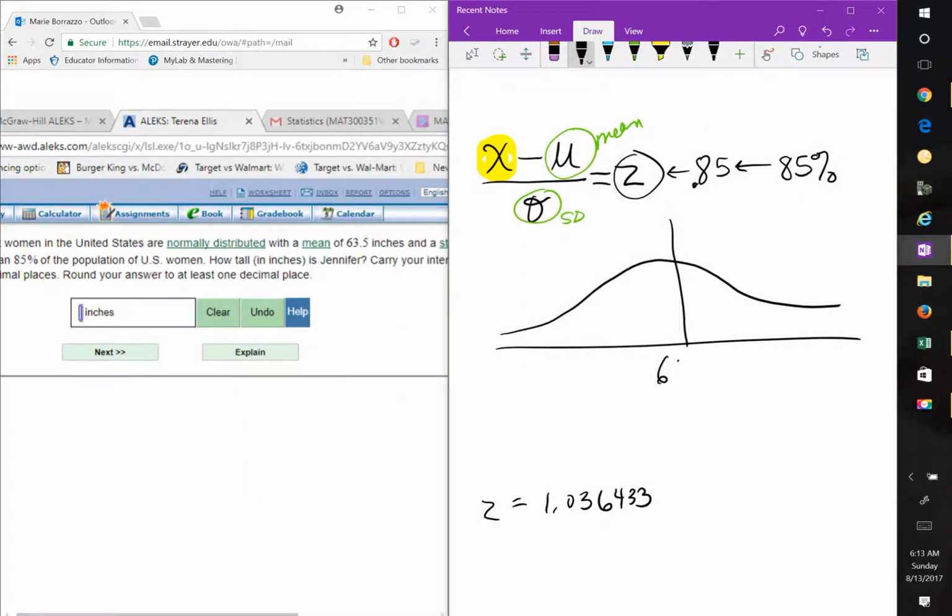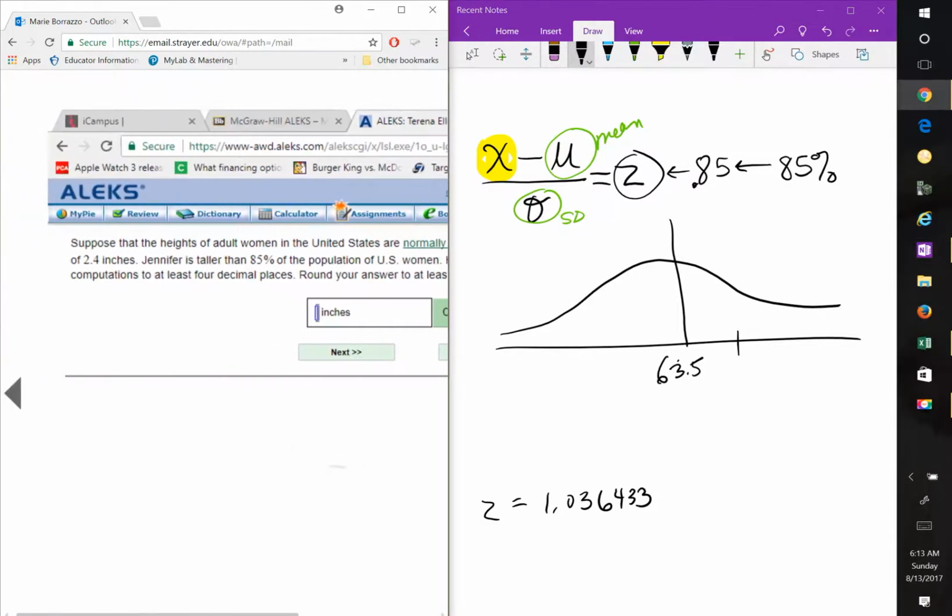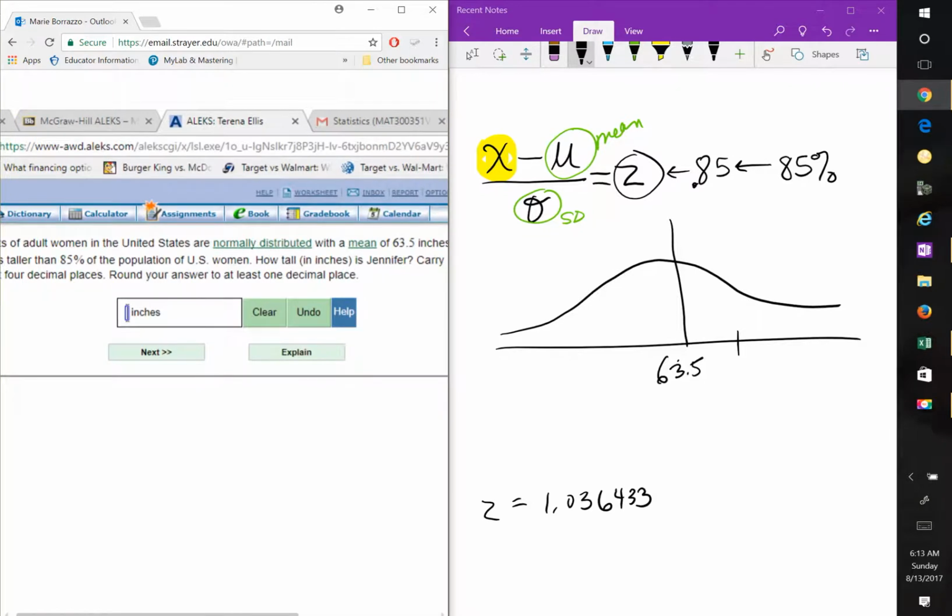The mean is 63.5 inches. As I go up deviations, and I believe the standard deviation was 2.4 inches, I'm adding 2.4 as I go to the next Z-score. So if I have 63.5, I'm going to add 2.4, and this becomes 65.9 for the Z equal to 1.